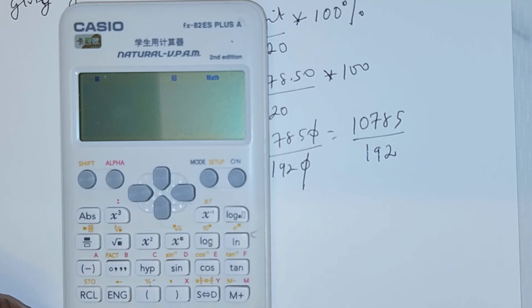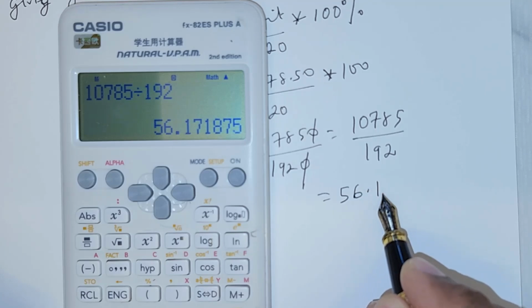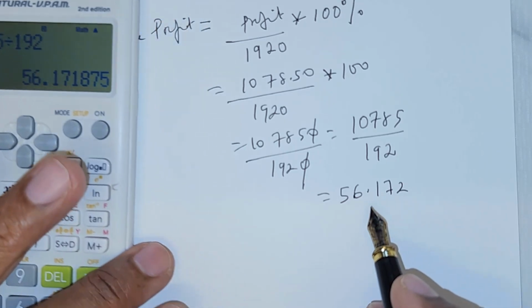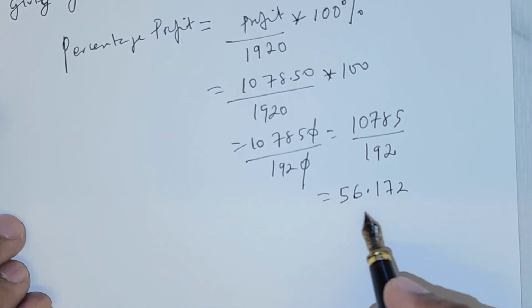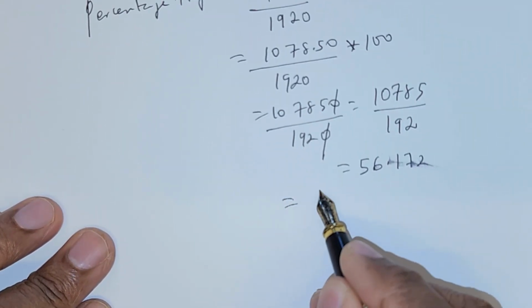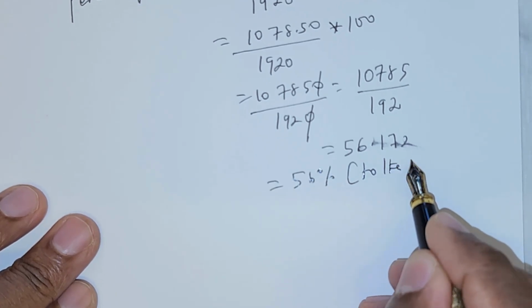Okay, so 10785 divided by 192. So we get 56.1718. If I take it as 172, they are asking us to give it to the nearest whole number. So this is going to be 56%, and you write that statement, to the nearest whole number.